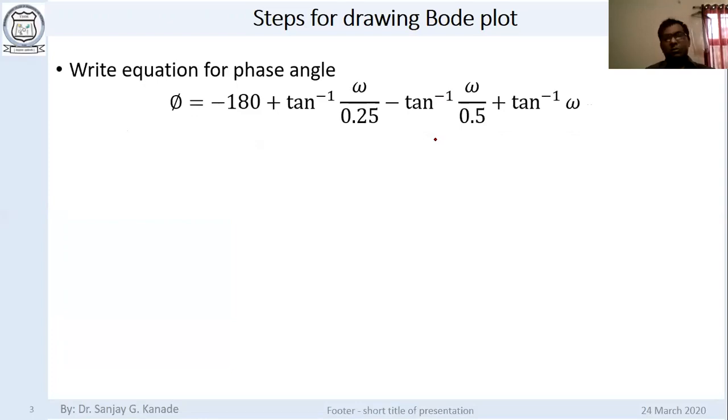J omega, 2 times. So if you find out the angle of j omega, it is what? 90 degrees. And since it is in the denominator, it will have a negative sign. Just take it very simply. If it is in the denominator, the angle will be negative. If it is in the numerator, the angle will be positive.